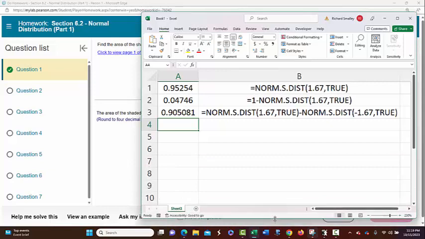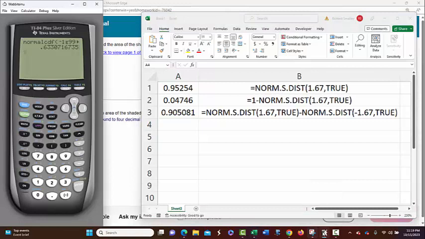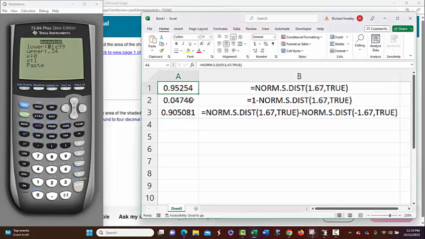I already have the command set up. We just have to put in the right numbers. The upper number was 0.34. So I can just change this up to 0.34. And there you see it. That was the 0.6331 that we got.